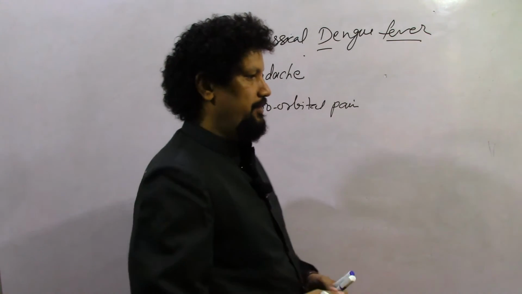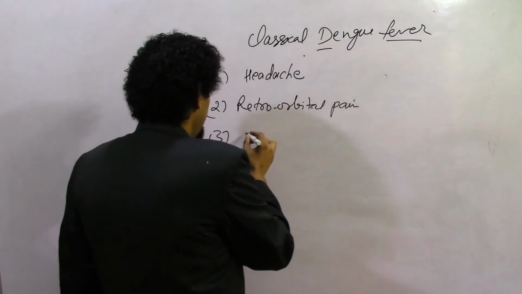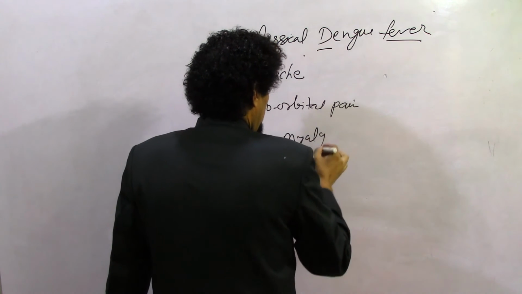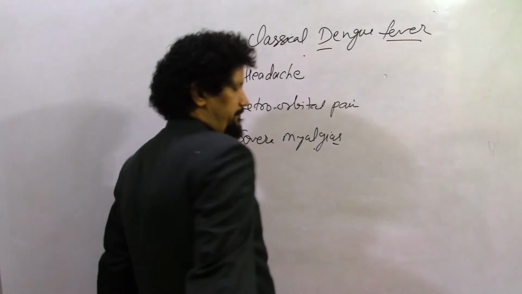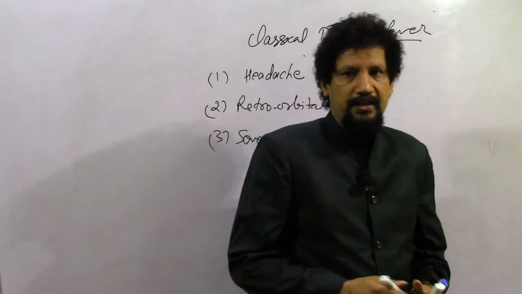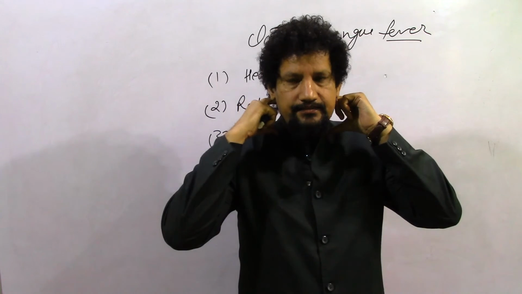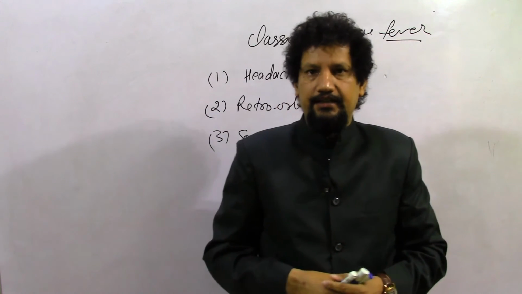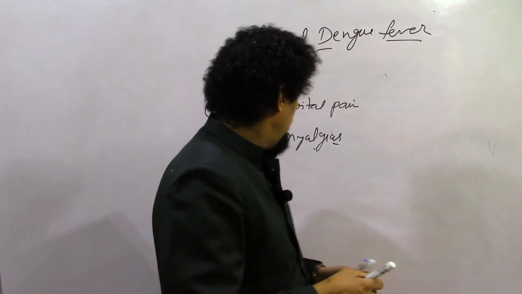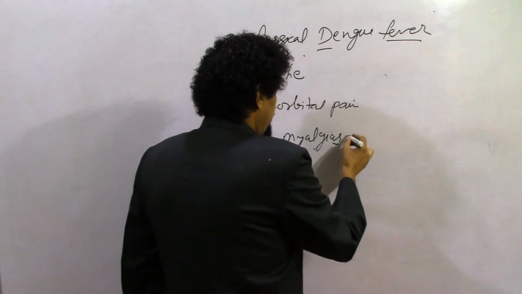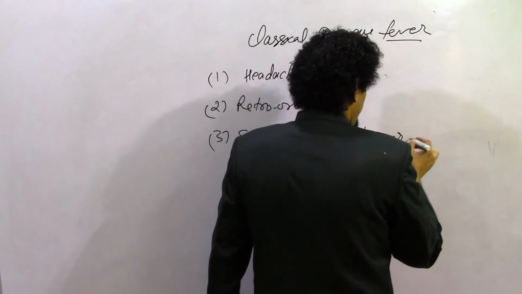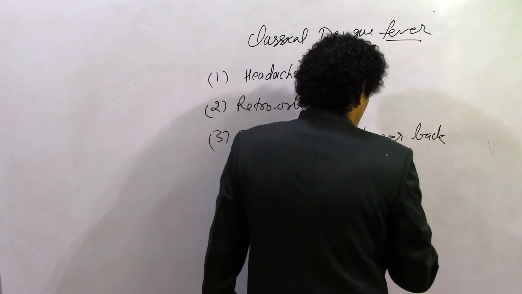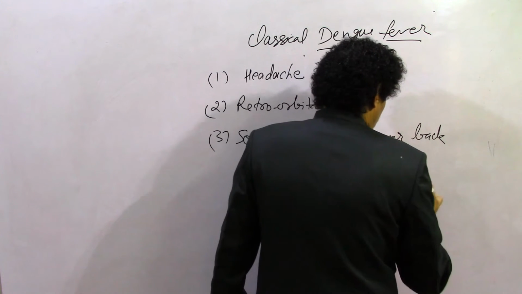The third symptom is severe myalgias, which are more commonly seen in the neck, the lower back, the upper extremities and the lower extremities. So, severe myalgia of the lower back, upper and lower extremities.